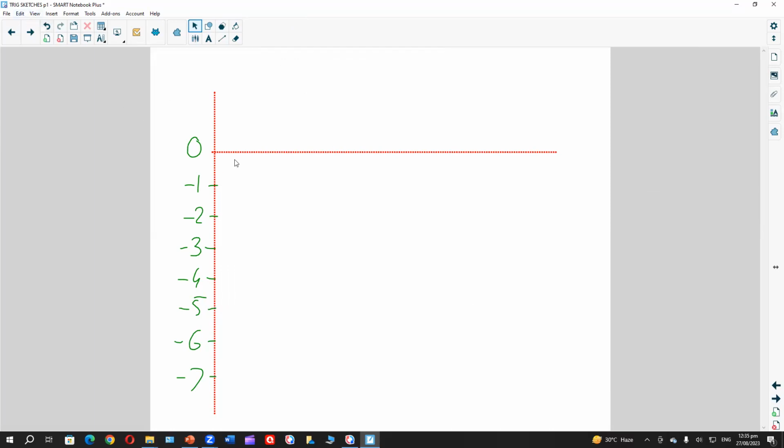Ideally the y-axis should be drawn first, a rough scale drawing. This is called the y-axis. Draw the y-axis. Can you tell me how should I know that I have to go from 0 till -7?